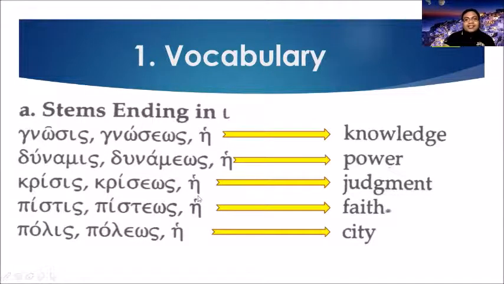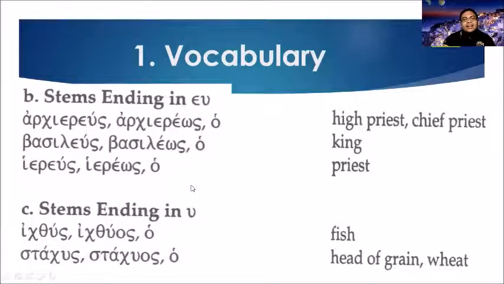So let's proceed to the stems ending in epsilon-upsilon. We have the word archiereus. You can see the ending of the stem, epsilon-upsilon. In the GA it becomes archiereos. It means high priest or the chief priest.